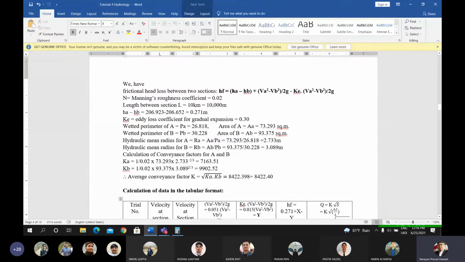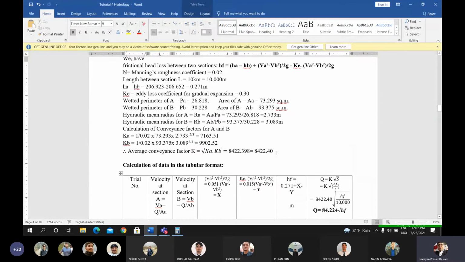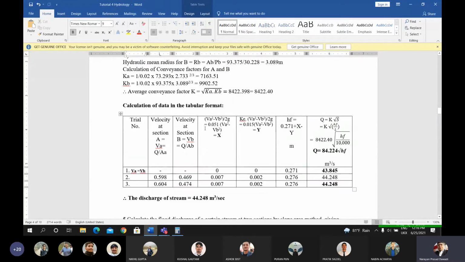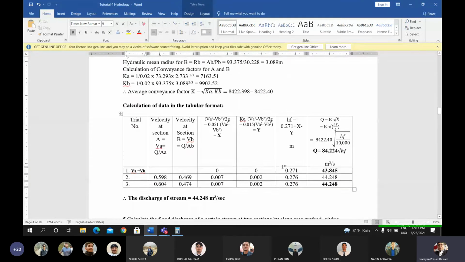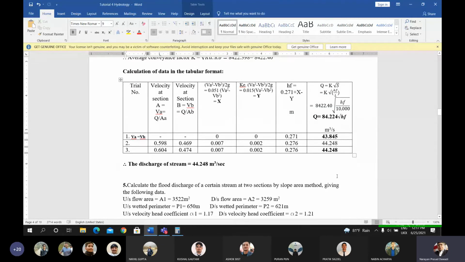This formula is converted into a smaller formula. The value of x y is calculated here, and HA minus HB is 0.271, given here. So you can find the value of HF from this equation, and knowing HF, you will find the discharge. If the two discharge values remain the same, then that discharge will be the stream flow discharge.